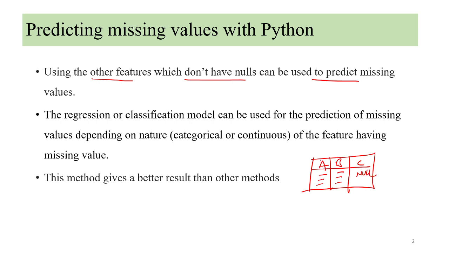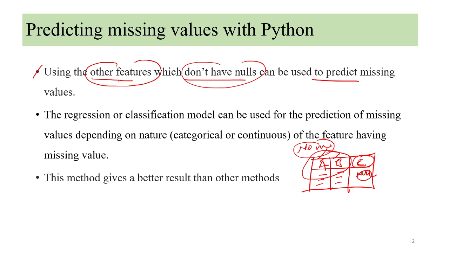So using the other features, which don't have null values, here column A and column B, these two features have no missing values. By using feature A and feature B, we have to predict the missing values of column C. That is the meaning of the sentence.